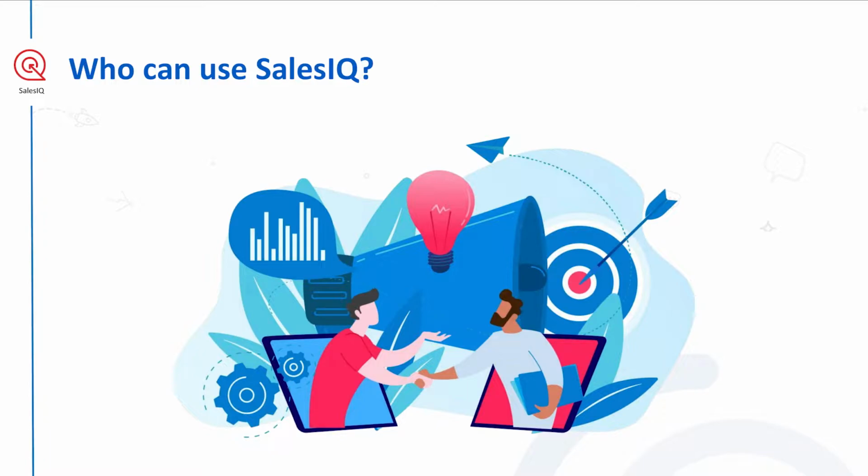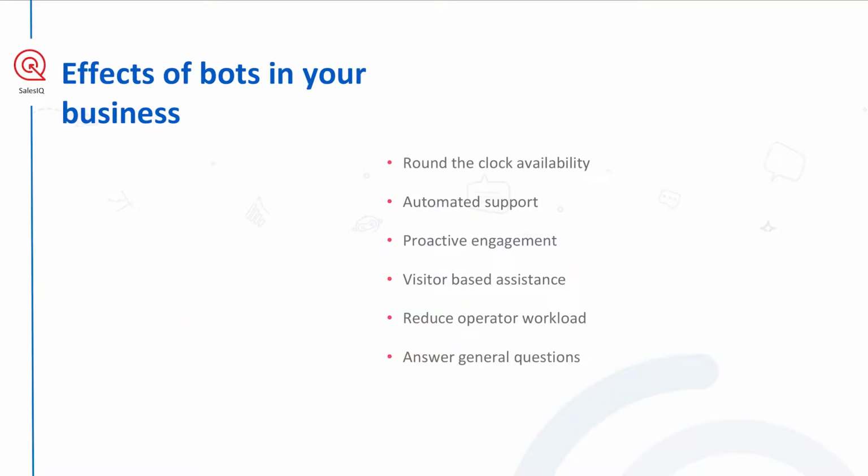So what Zoho SalesIQ does is that it simply takes your static website and turns it into a dynamic one by creating a bridge between your website visitors and operators, by allowing them to connect with your operators in real time.